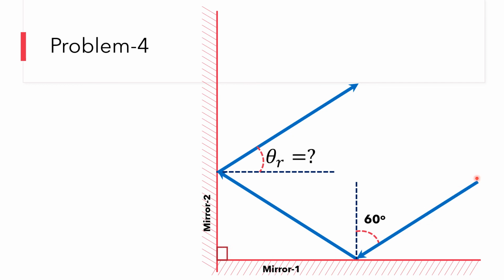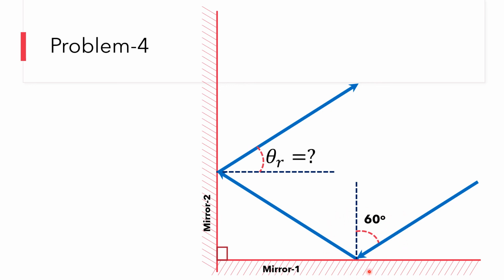Now a ray of light is incident on mirror 1 with an angle of incidence of 60 degrees. Here we have to find the angle of reflection from mirror 2. So let's solve this part first.